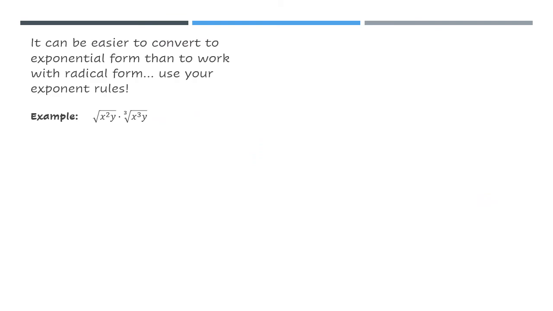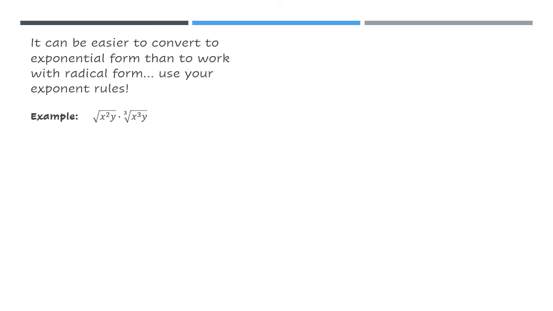Okay. So sometimes it is going to be easier to convert something that's already in radical form into exponential, and then use some exponent rules to try to simplify things. So let's look at an example here. Now this doesn't necessarily have to be converted into exponential form, but it can be.